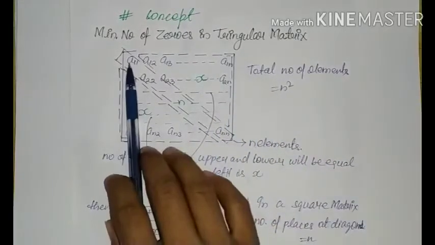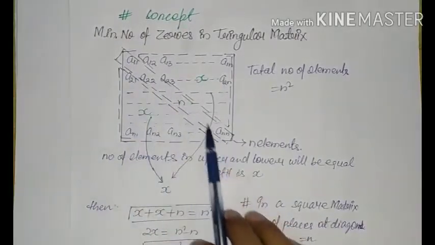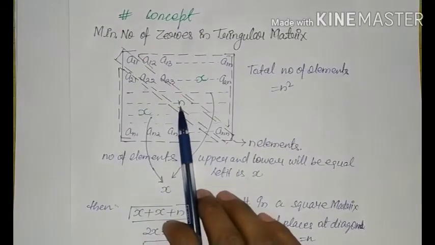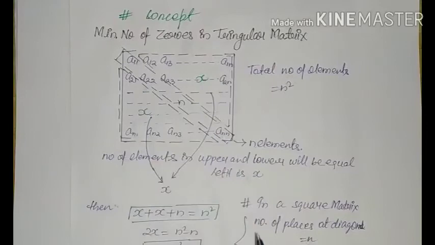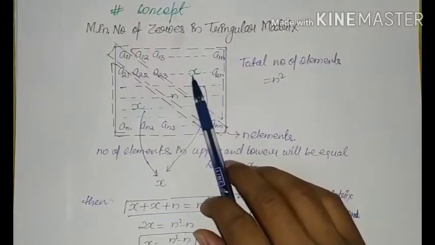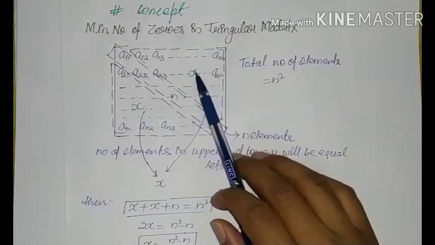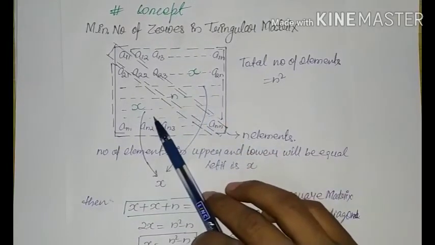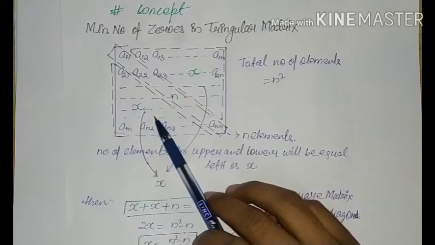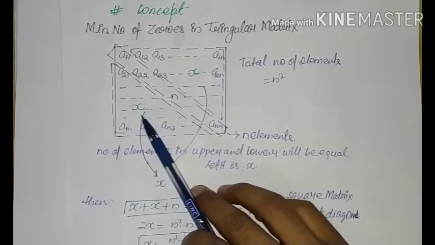This is the place of the diagonal elements, and there are n elements there. Suppose there are x elements in the upper triangular part, and as we know, upper and lower triangular elements should be equal, so if this is x, then this will also be x.